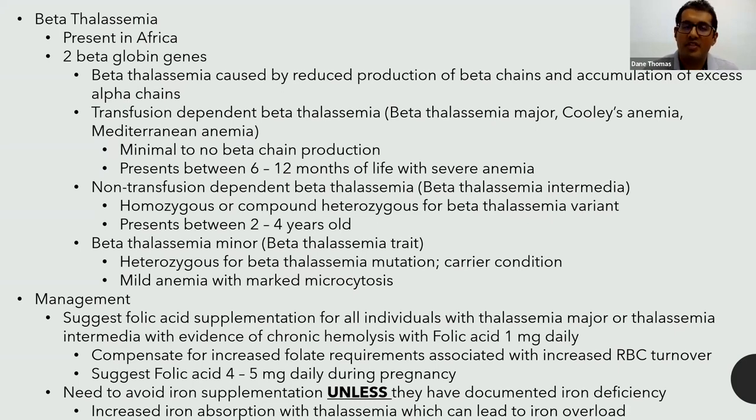There is a common misconception with thalassemia patients that they need to absolutely avoid iron supplementation, which is not true. You do need to avoid iron supplementation because there is increased iron absorption with thalassemia, which can lead to iron overload, unless they have documented iron deficiency.